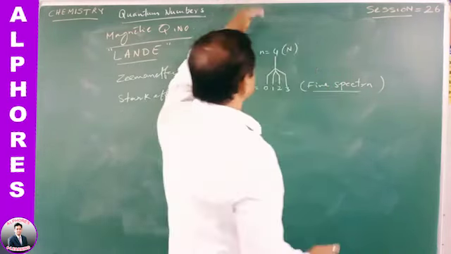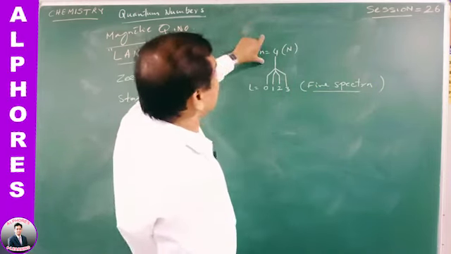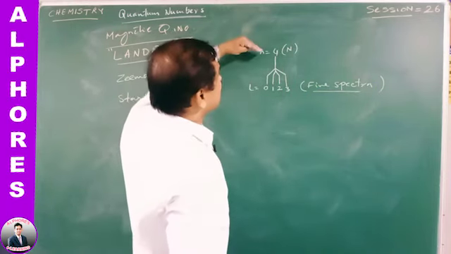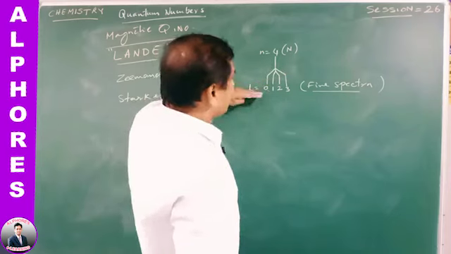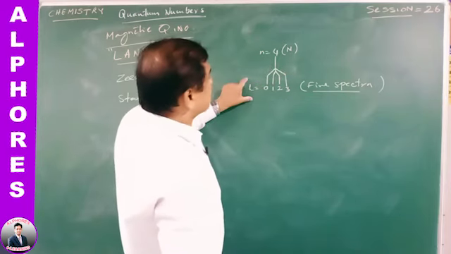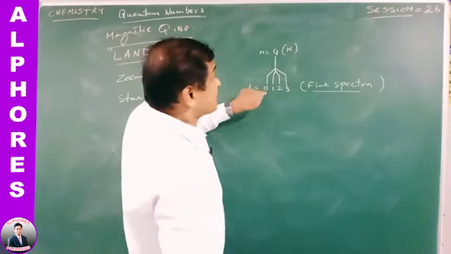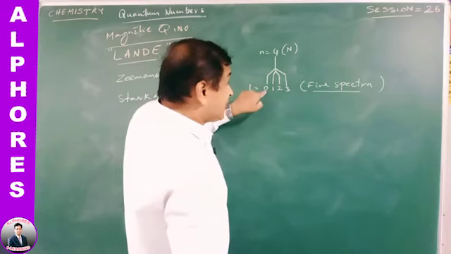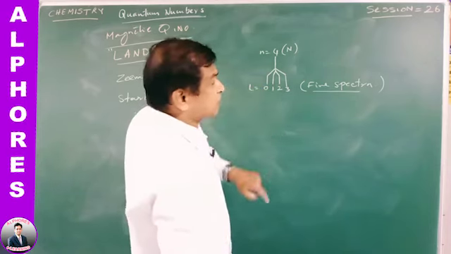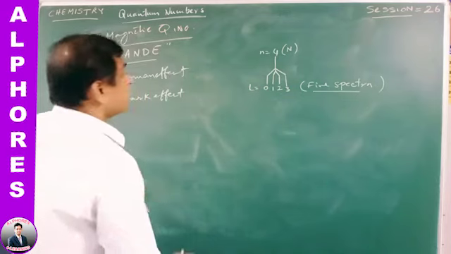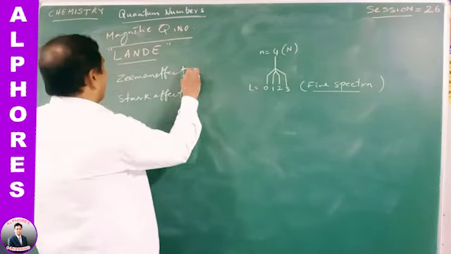The principal quantum number indicates the orbit. The azimuthal quantum number represents subshells, that is S, P, D, F subshells. Fine spectra, right. Now, listen carefully.